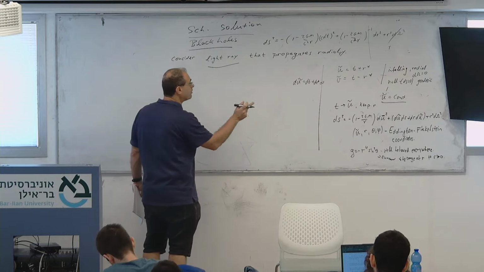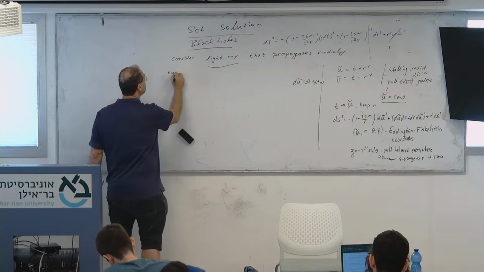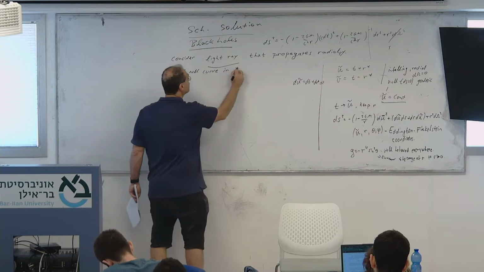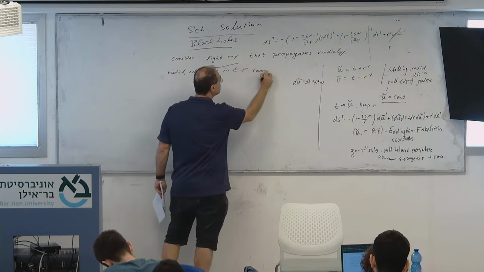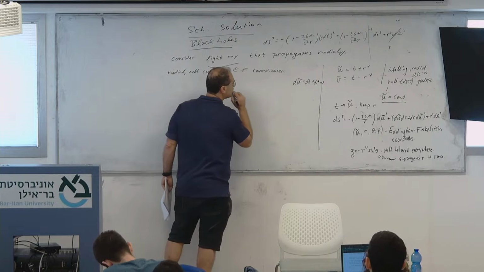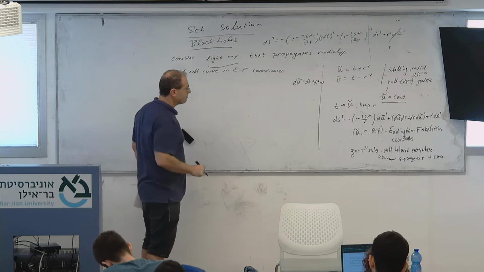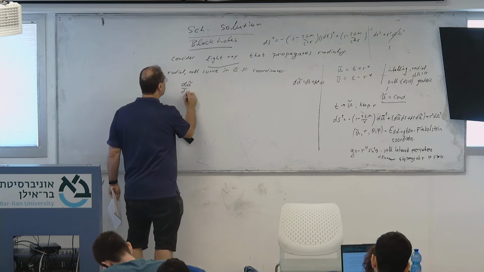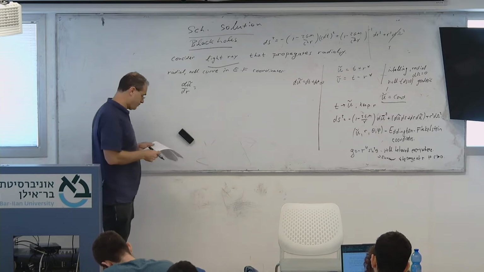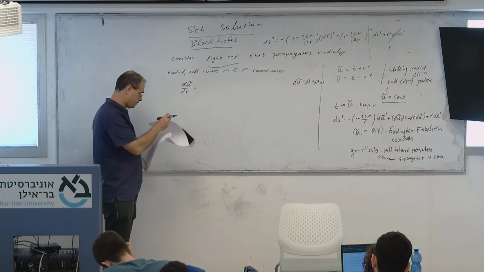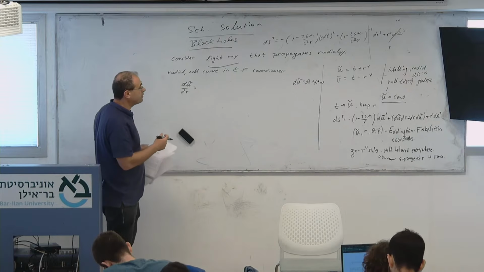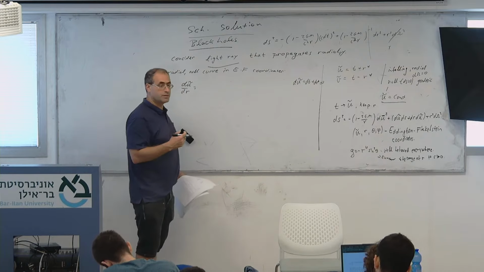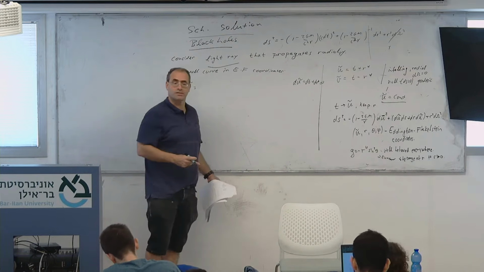Now if we again calculate the radial null curve in Eddington-Finkelstein coordinates, from here, du over dr, if it's infalling, what do we have? 0, because that's how we constructed u. u is not changing.